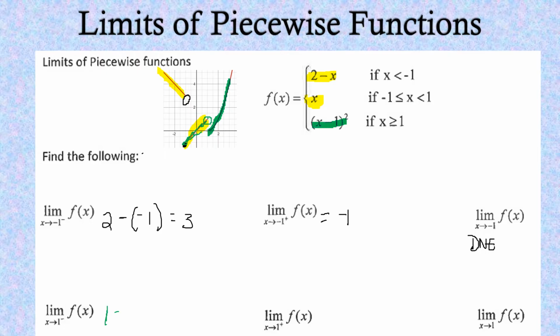So if I do a direct substitution, I get 1 minus 1 squared, which is 0. Okay? So once again, does the limit exist? No, the limit does not exist because the left-hand limit does not equal the right-hand limit.